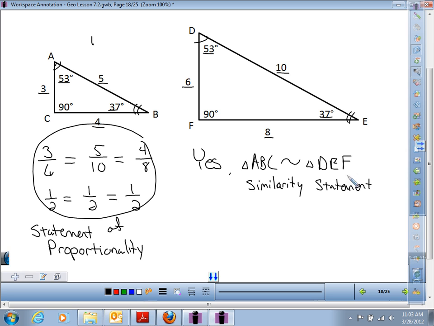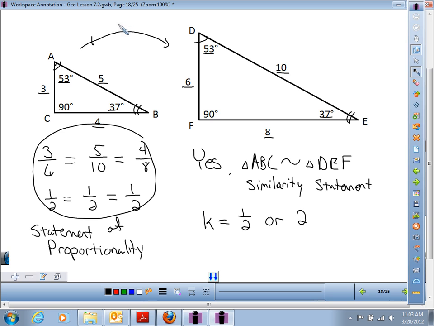All right. Now the last thing we need to do is find our magnitude, which we already have. The magnitude, aka scale factor, is 1/2, or reciprocate that would be 2 over 1 or 2. Now what that means, depending upon which way you go, if you go from small to big, your scale factor is 2. Because everything on this guy over here is twice as big, except for the angles.